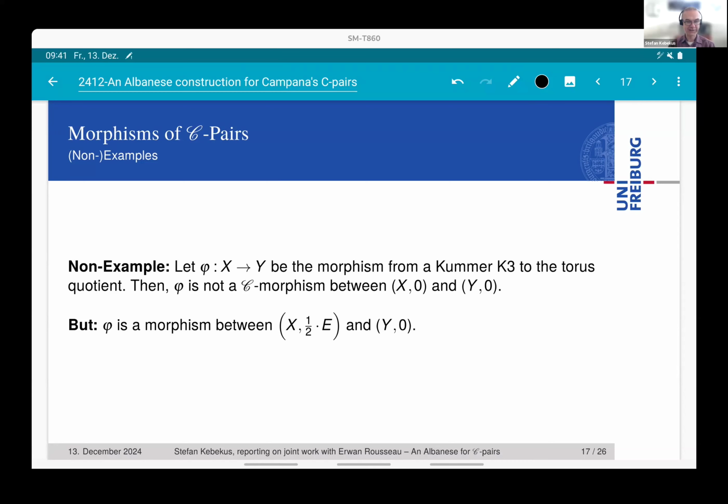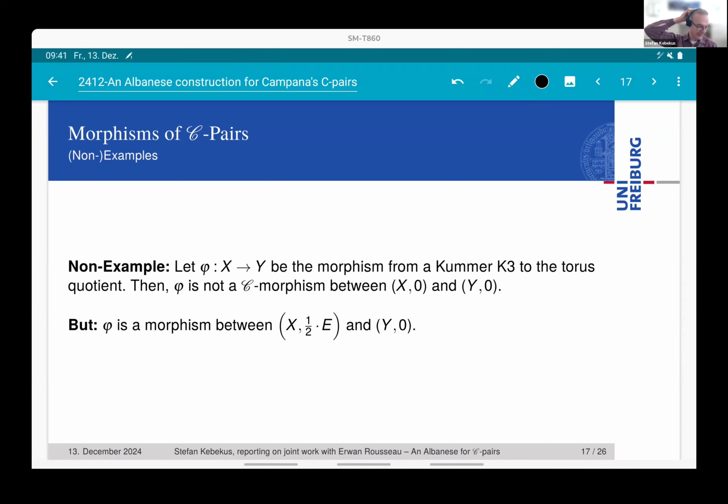The torus is flat, the torus quotient is flat, but the Kummer K3 is not flat. It has non-trivial holonomy. And that's why I think philosophically the morphism shouldn't be considered a morphism of C-pairs, because the geometry between them is way too different.